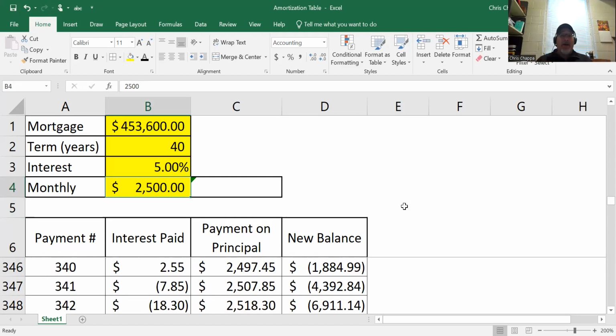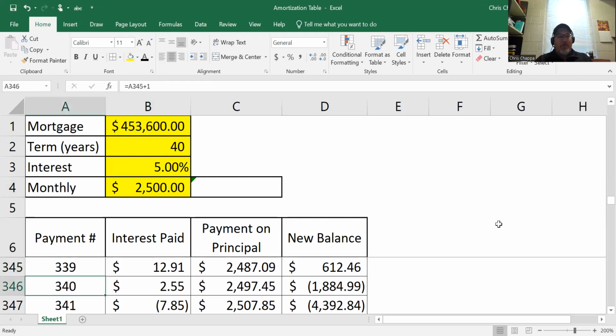And we haven't even talked about what's the total interest that we're paying. We could figure that out by simply multiplying the number of payments times the monthly payment. Like on this one, if we get out of it in 340 months, 340 times 2,500 is 850,000.